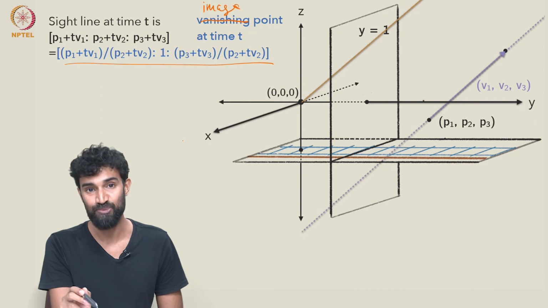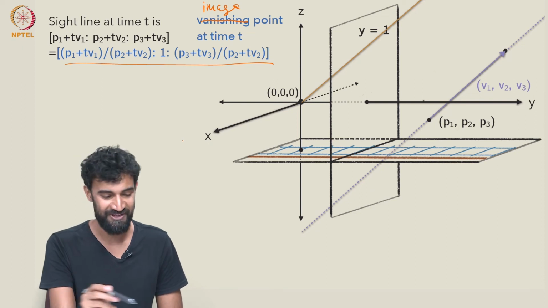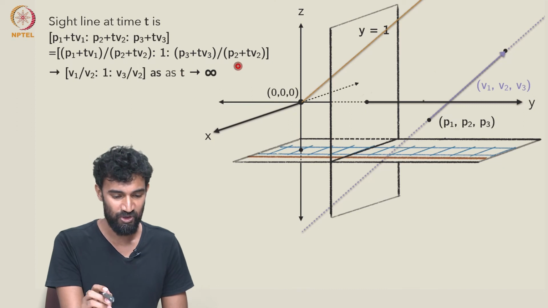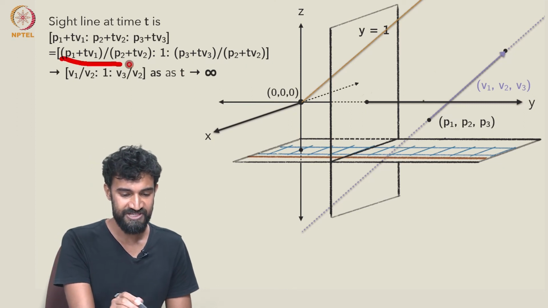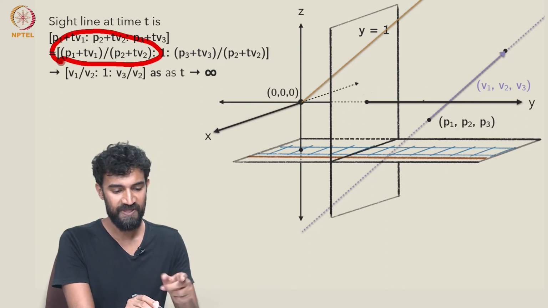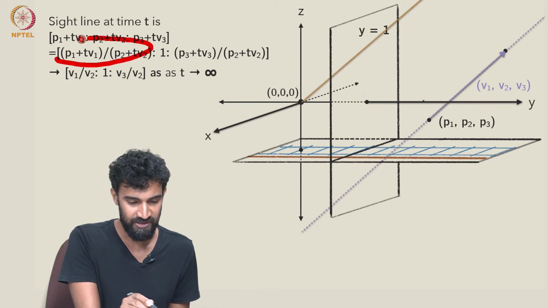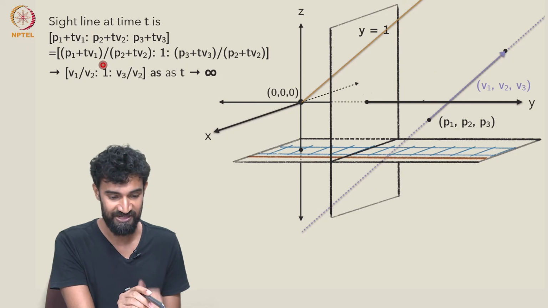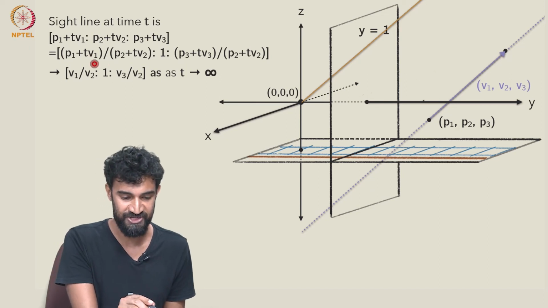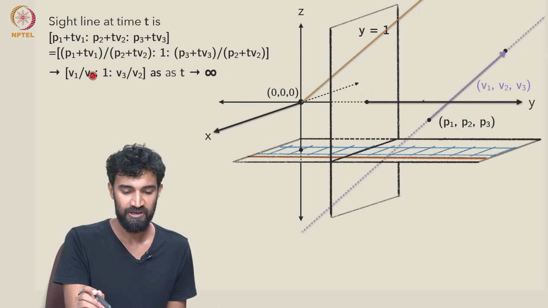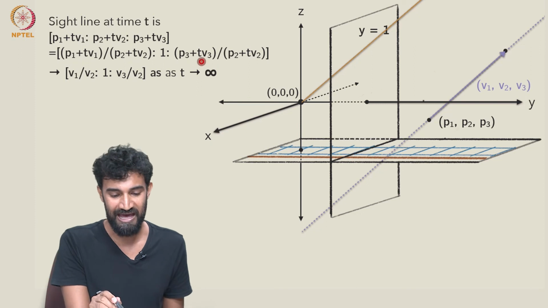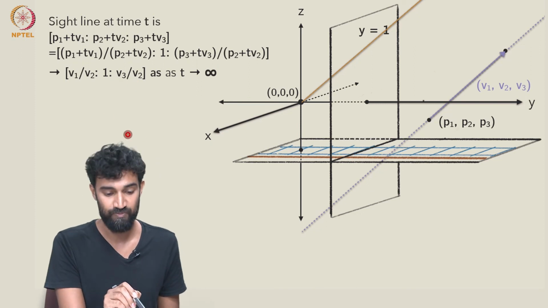To find the vanishing point, we have to let t go to infinity. So as t goes to infinity, what do we get? Well, this expression here, the constants p1 and p2 don't matter as t goes to infinity. All that matters is these coefficients, and we get v1 over v2. Similarly for this third expression, the p3 and the p2 no longer matter as t gets infinitely large, and we just get v3 over v2.